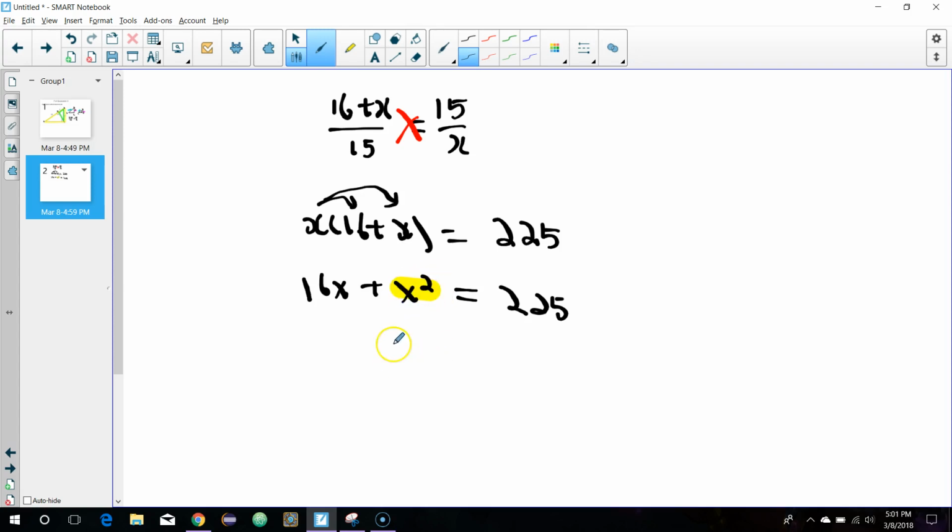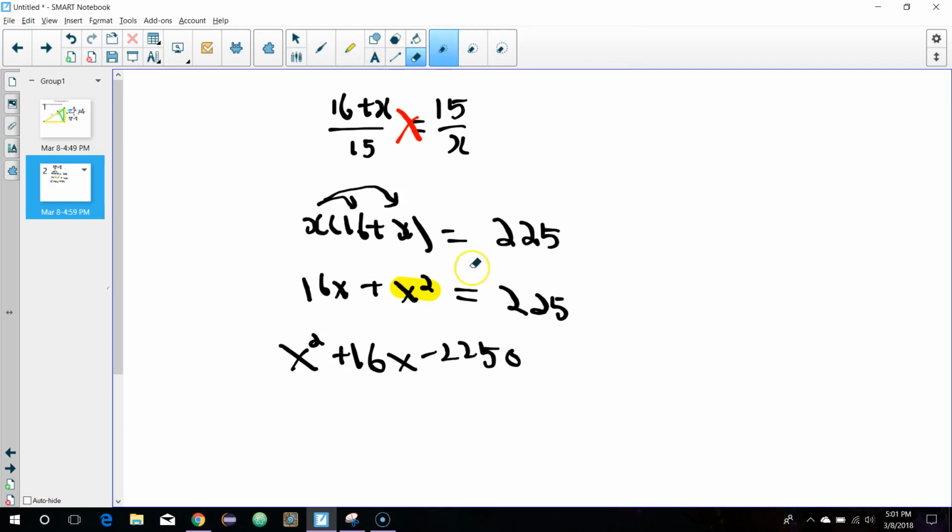So let's rearrange this a little bit so I can talk about this. I always want x squared to go first, and then 16x, I'm going to subtract 225. What am I doing? Why am I doing that? It's equal to 0, I'm sorry. Alright, let's type this out.